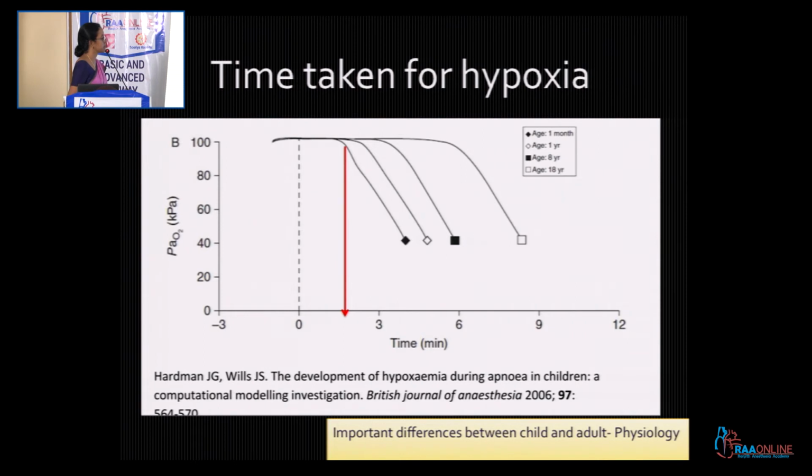This is a 1 month old, the saturation is at about 90 at less than 2 minutes. In fact, in a newborn without pre-oxygenation, it's only 15 to 20 seconds before desaturation. So this is something that you have to keep in mind. They don't give you much time to react.